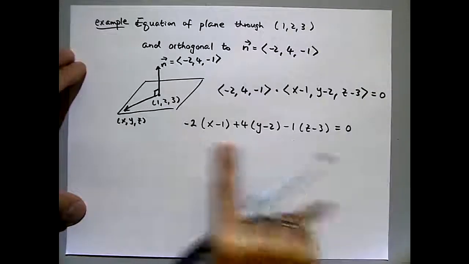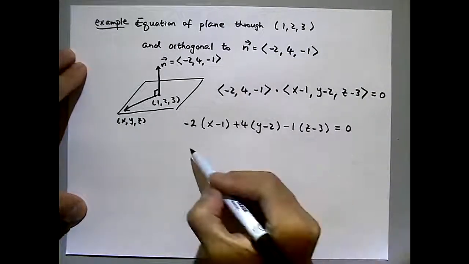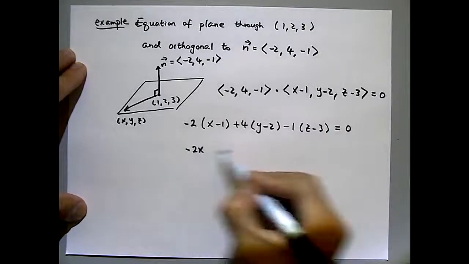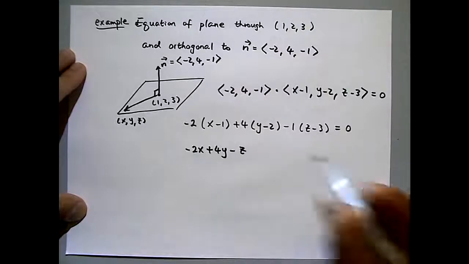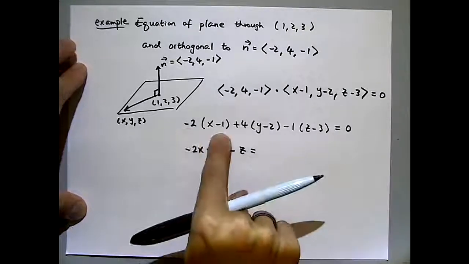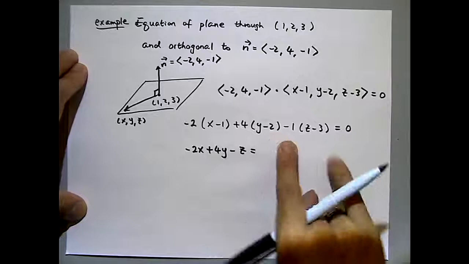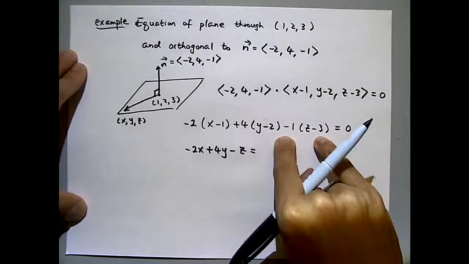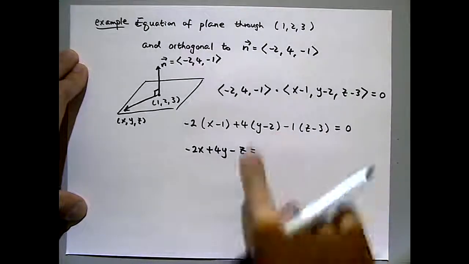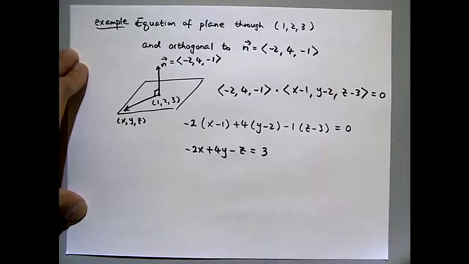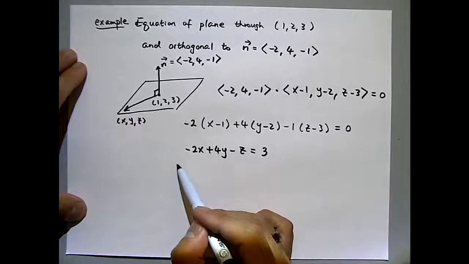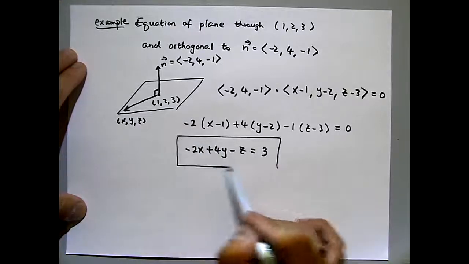If we multiply everything out and simplify a little bit, we end up with this equation. That's a positive 2 minus 8 plus 3, so in the end, we end up getting a 3 here. So this right here is the equation of that plane.